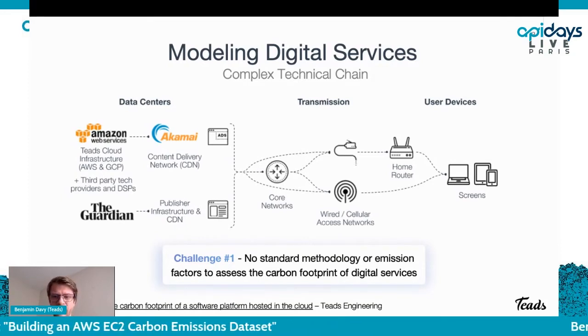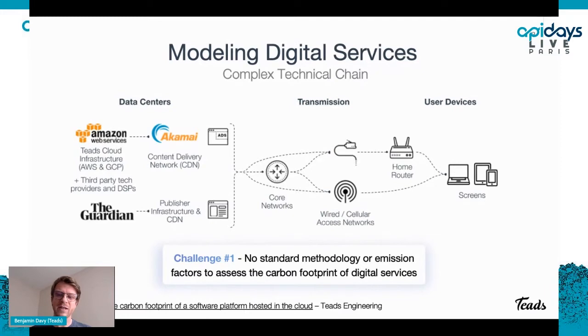When I'm talking about emission factors, I mean having the carbon emissions related to the computing and networking activities we are generating. And as our main provider is AWS and the main service we use is EC2, we started by having a look at how we could estimate the impact related to using cloud instances.